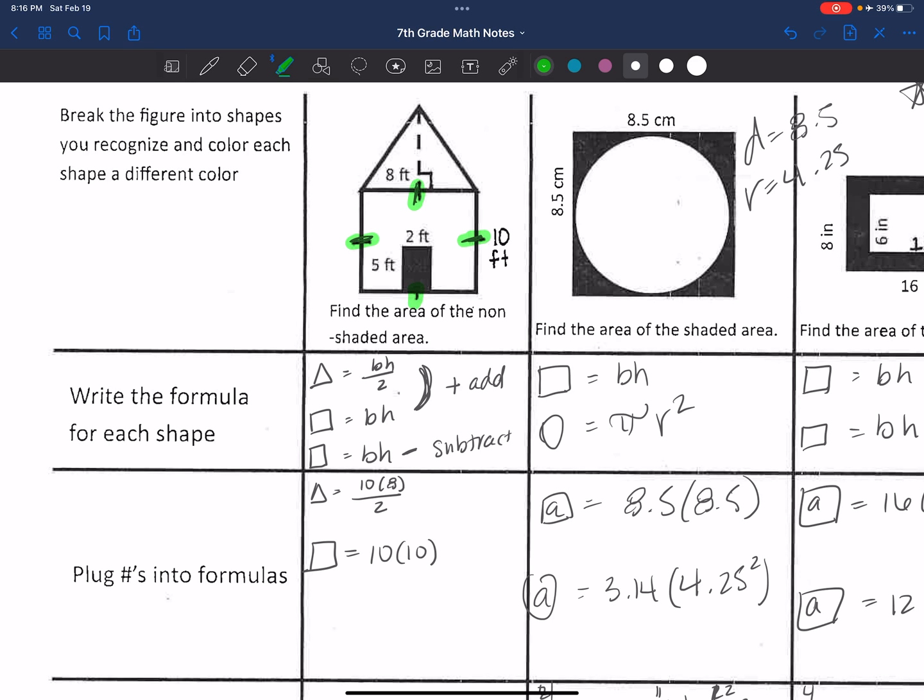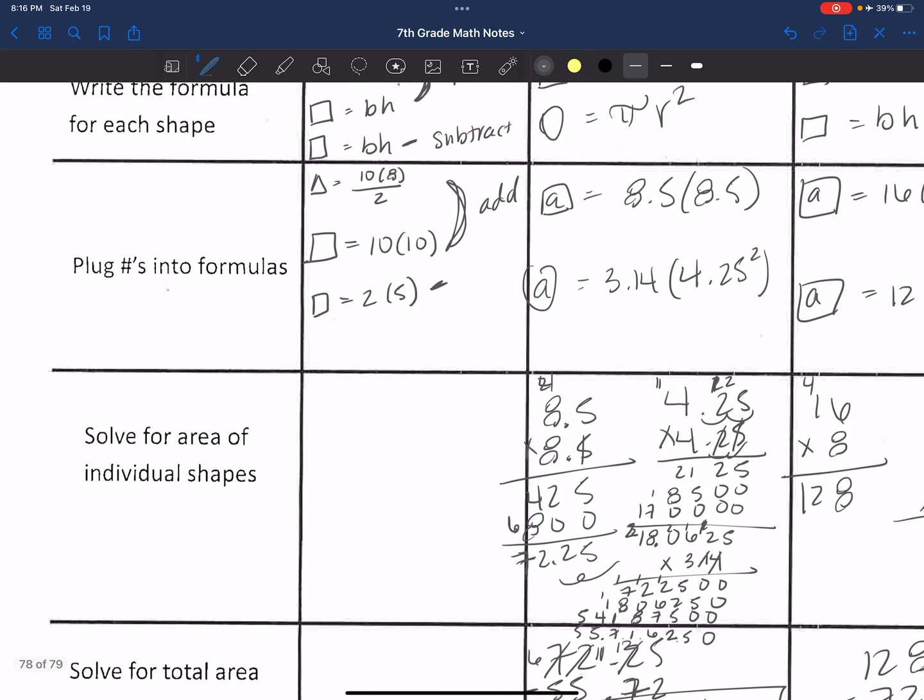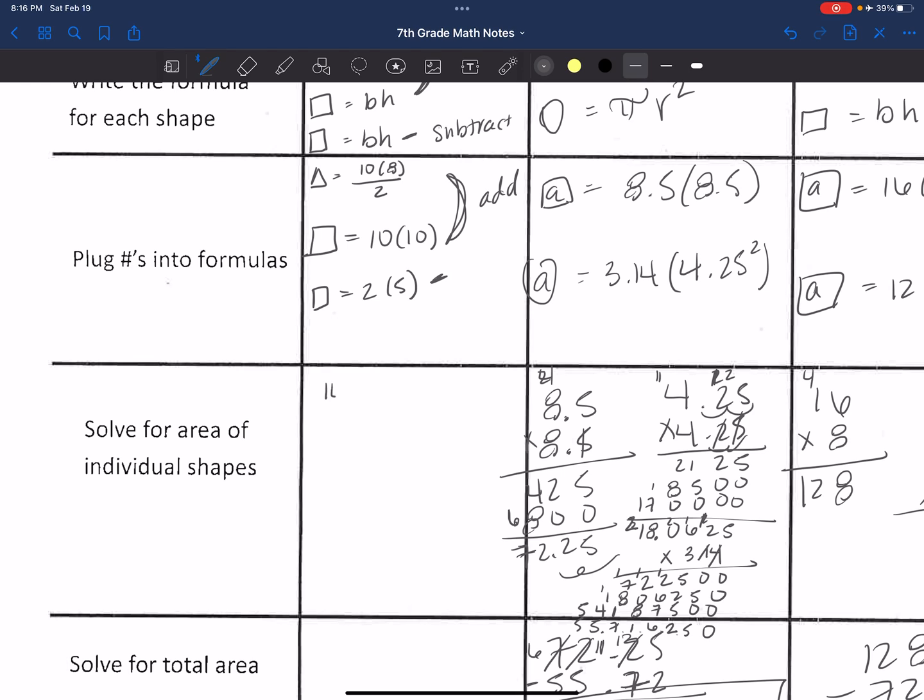So I know that they're all the same. All right, and then my door has a base and height of 2 and 5. All right, remember, I'm adding these 2 together, and I am subtracting this guy. All right, let's solve them.